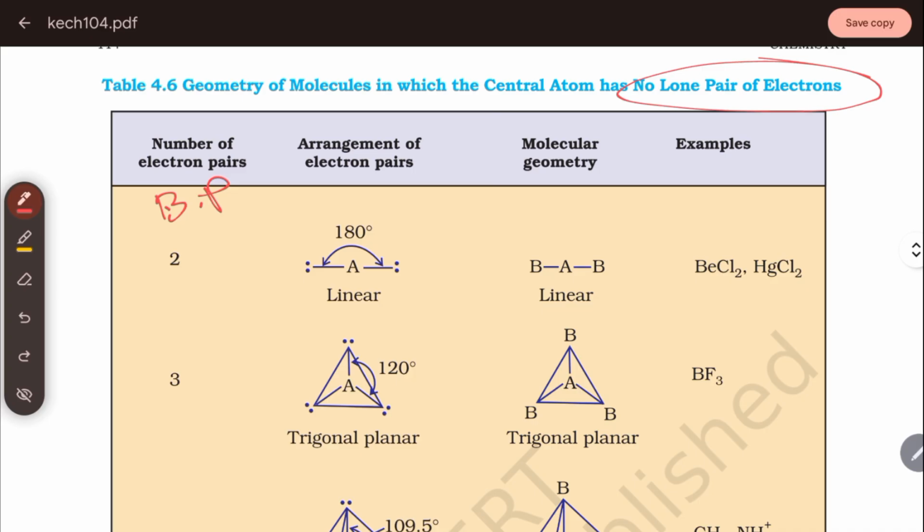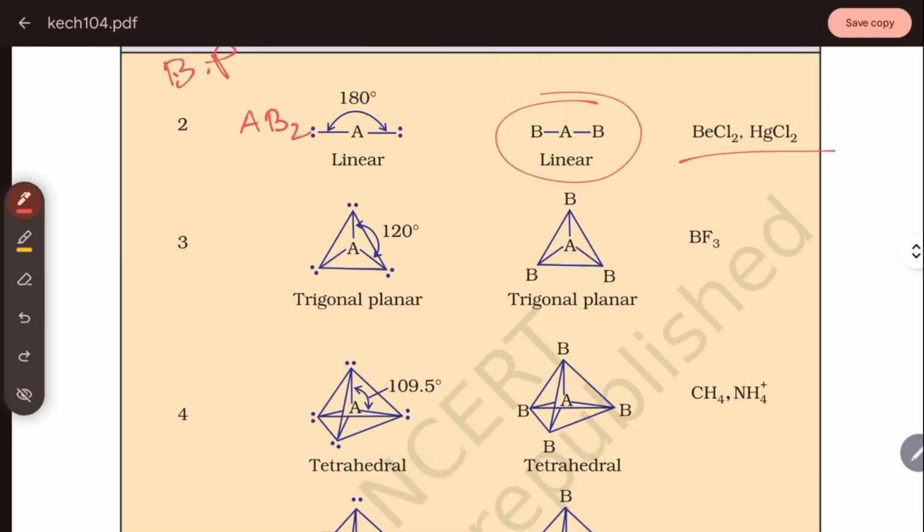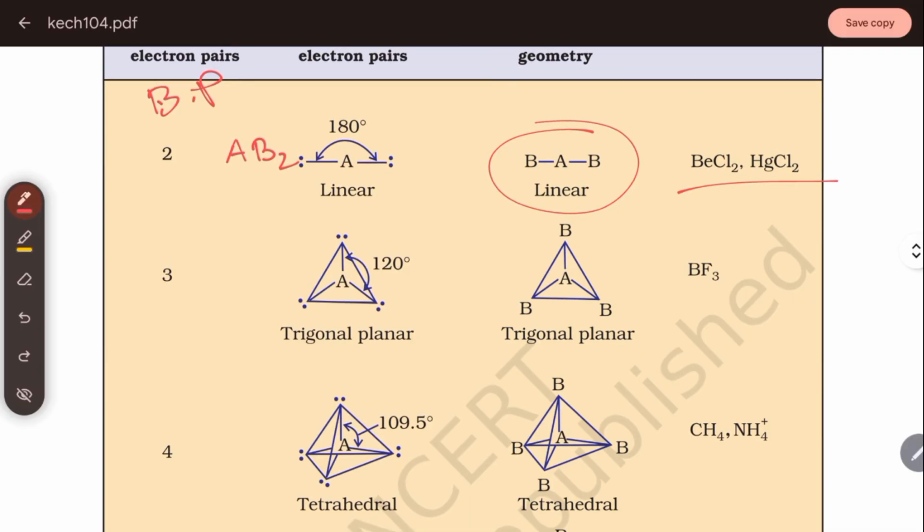Okay, so this is AB2 type, and it has a 180 degree bond angle, linear structure. These are the examples. Now, when there are three bond pairs, AB3 type, it has trigonal planar geometry and the bond angle is 120 degree.